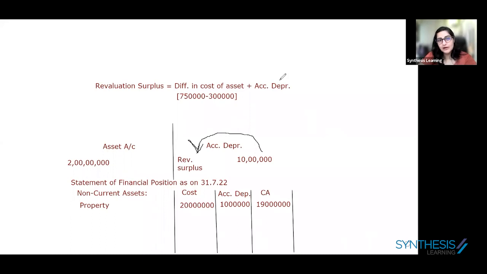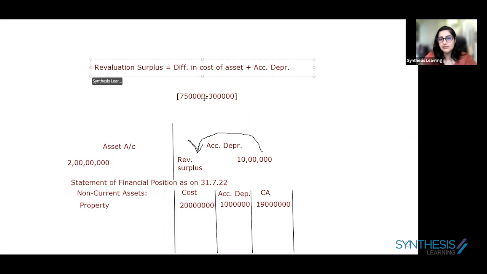ये समझने का एक और इजी वे बताऊं। So this question can come, what is the revaluation surplus? Correct?